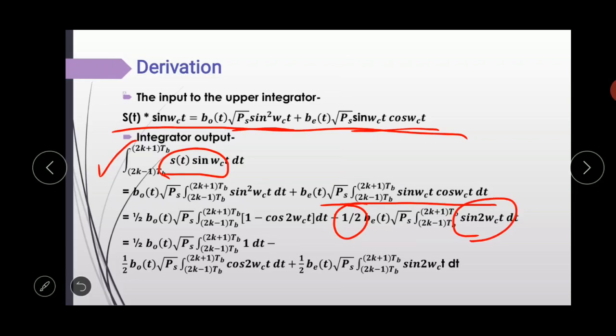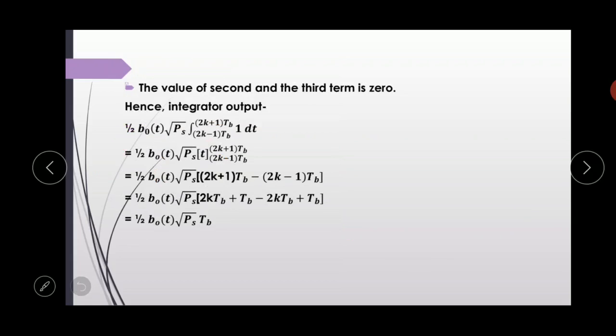After integration, we get the final value, that is half b0 of t root ps, bracket start 2k plus 1 whole into tb minus 2k minus 1 whole into tb.